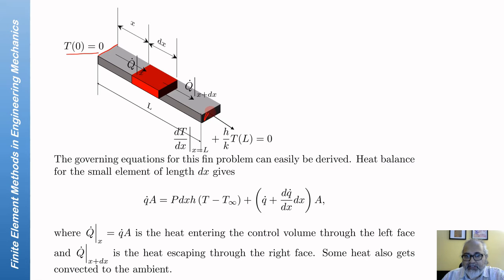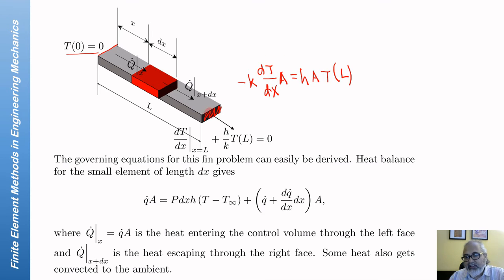On this face, what you have is heat leaving, which is h times A times T at L, and that has to be equal to minus k dT/dx times A. These two things have to be equal.